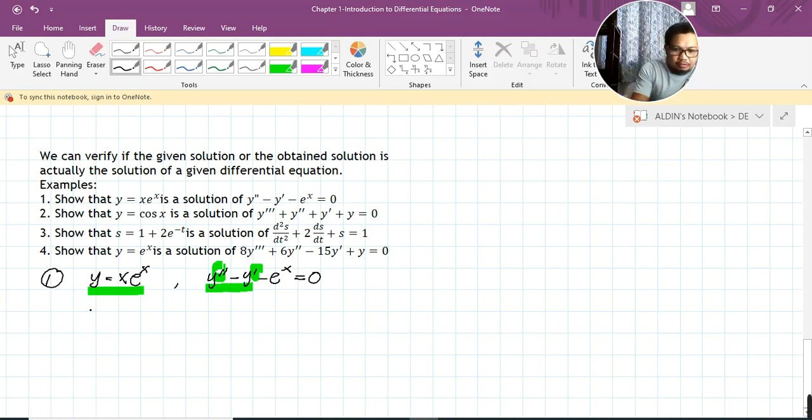So, on this given solution, we need to find the first and second derivative. Okay? So, hanapin natin yung first derivative, tapos yung second derivative nitong solution na to. So, let us solve first yung first derivative.